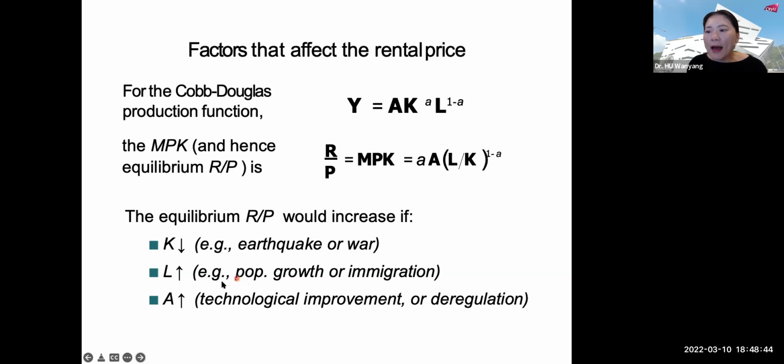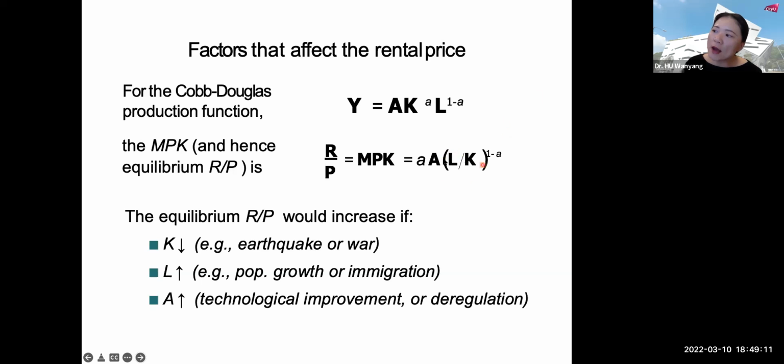Okay. And again, let's say there's another macroeconomic shock, some major demographic change. For example, we have a population growth, and maybe this growth comes from immigration. Assuming one day that Hong Kong has a lot of immigrants from all over the world, the labor supply to Hong Kong society will increase.